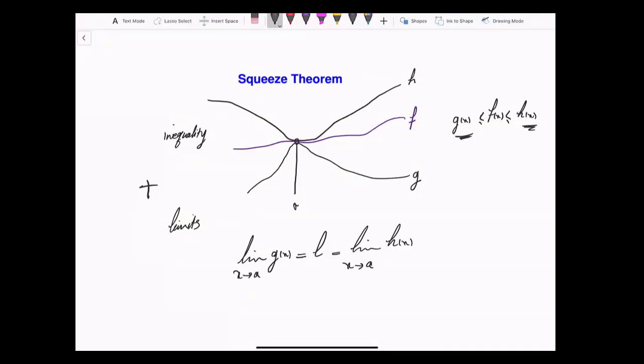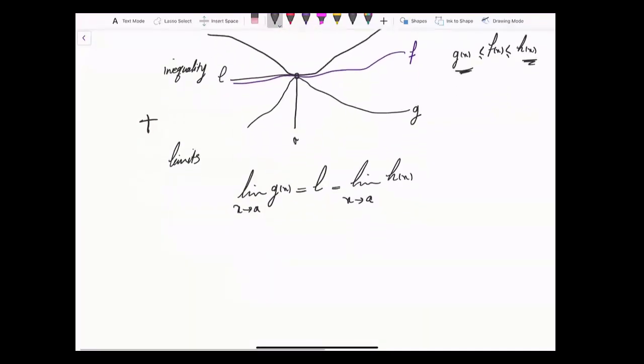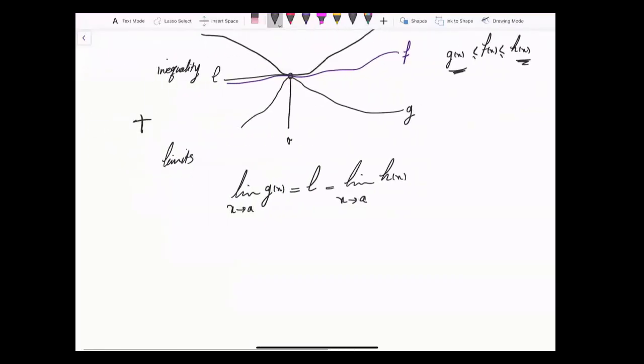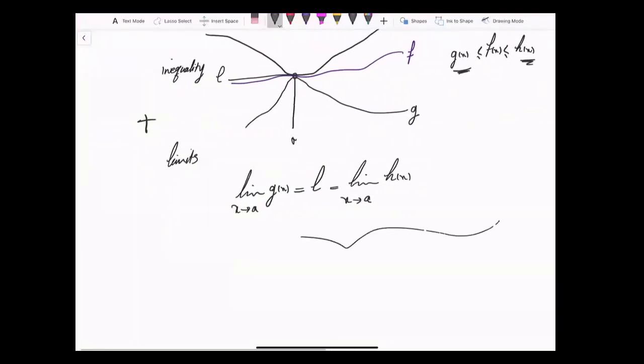So both of them get close to this number L. Then, as a result, the squeeze theorem says that the limit of the middle function is also going to be equal to the same number.